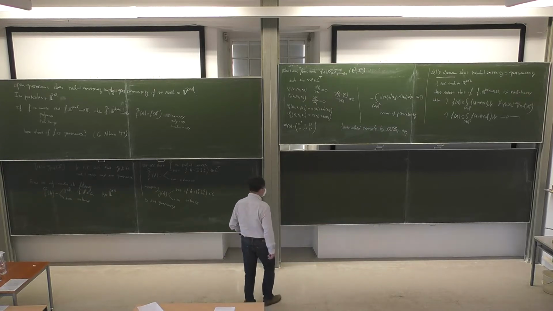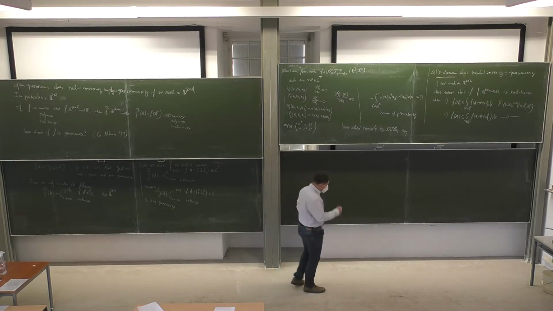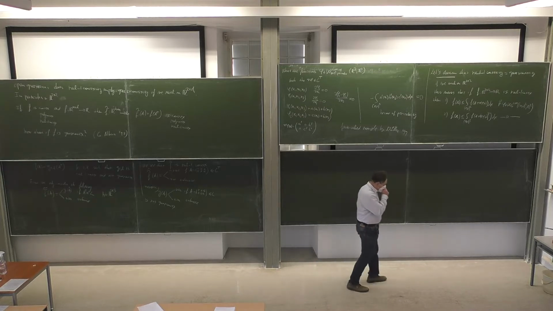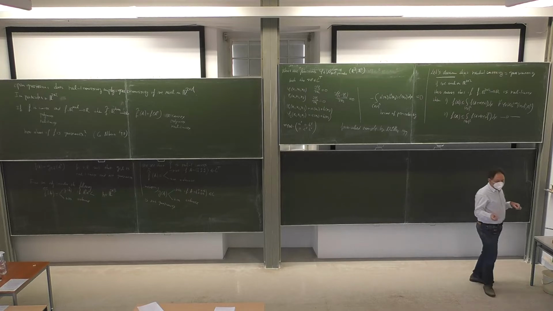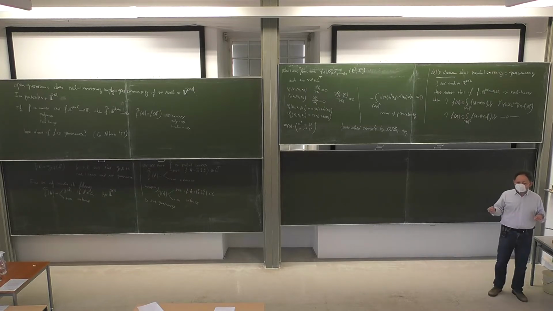But there are still some positive examples, like that sometimes quasi-convexity and rank 1 convexity are the same. So one example is if you take just quadratic forms, so functions which are quadratic in the gradient.